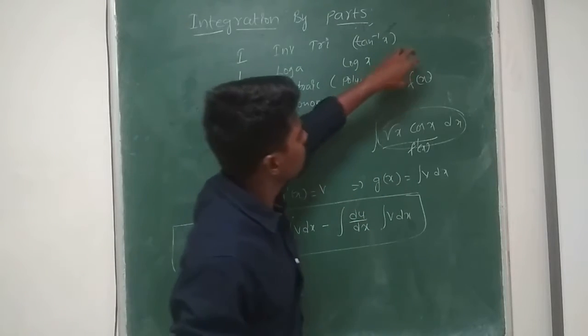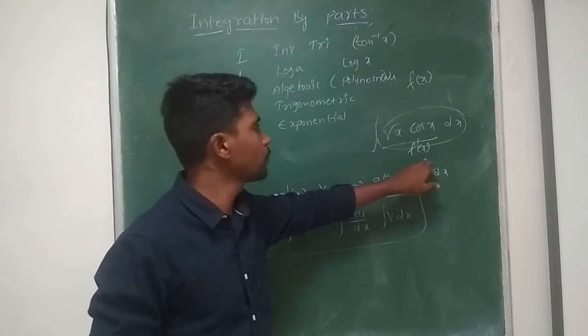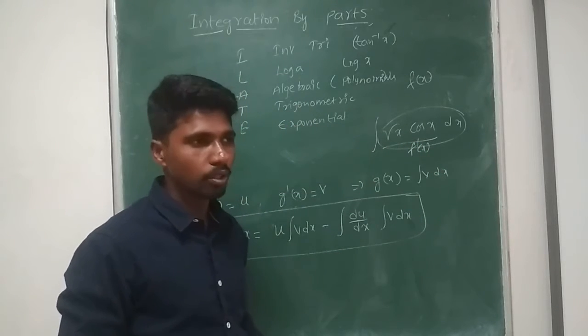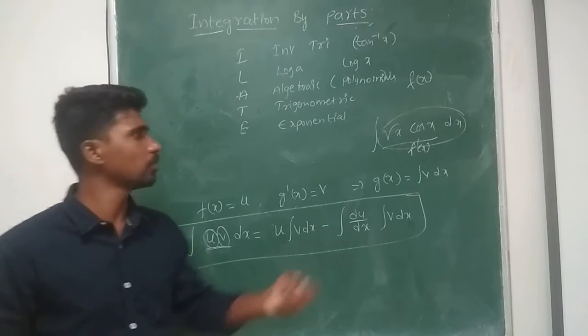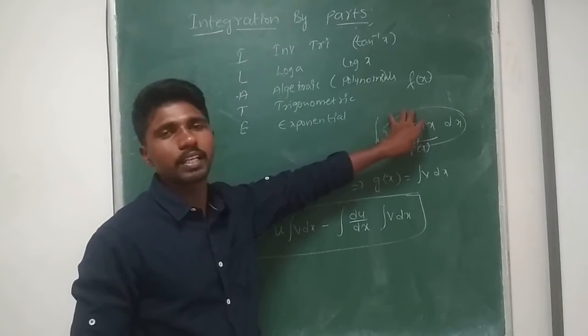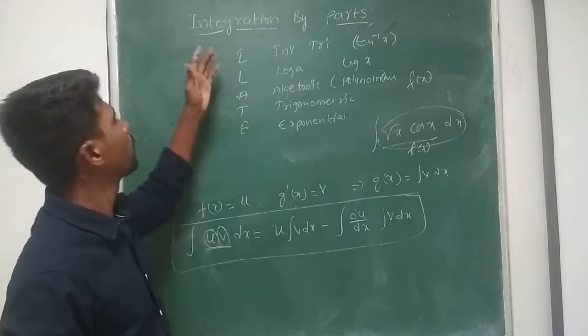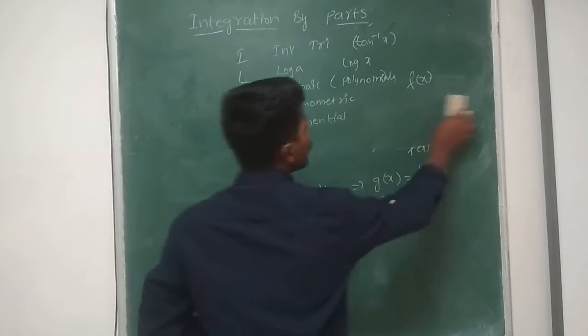If f of x is differentiable, then only we will get f dash of x. But you see root x into cos x: no function provides its derivative as root x into cos x. So such kinds of functions' integration we cannot find with the help of by parts. Okay. So I give a few problems.